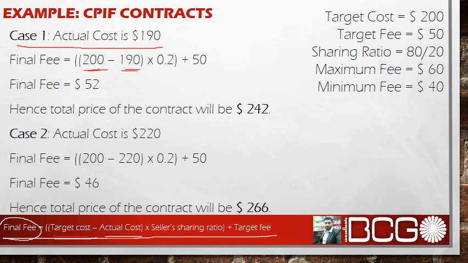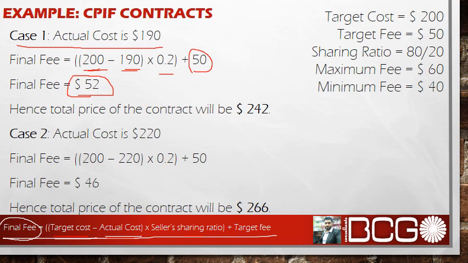The given ratio was 80 by 20, so 20 goes to the supplier. So 0.2 is here, plus the target fee for the supplier, which is 50 US dollars. So after calculation you will get the final fee of the supplier as $52.